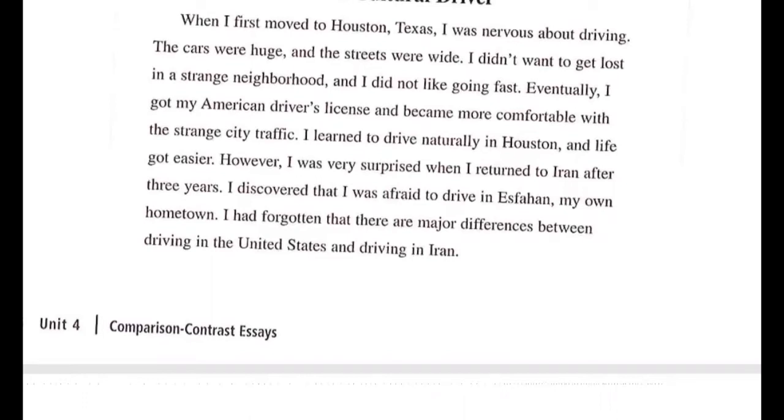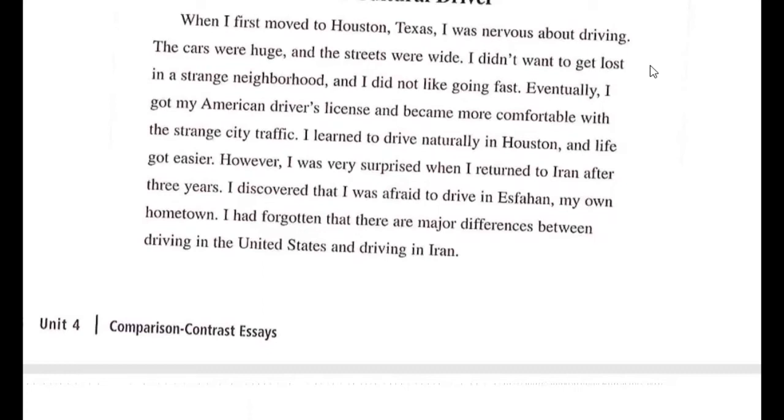Okay. So when I first moved to Houston, Texas, I was nervous about driving. The cars were huge and the streets were wide. I didn't want to get lost in a strange neighborhood, and I did not like going fast. Eventually, I got my American driver's license and became more comfortable with the strange city traffic.